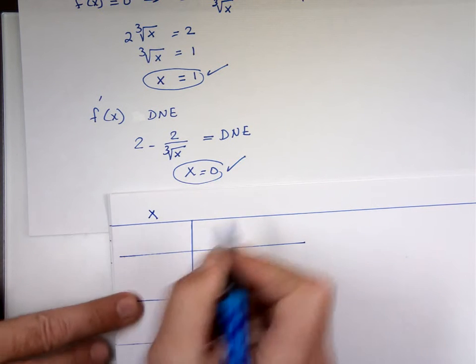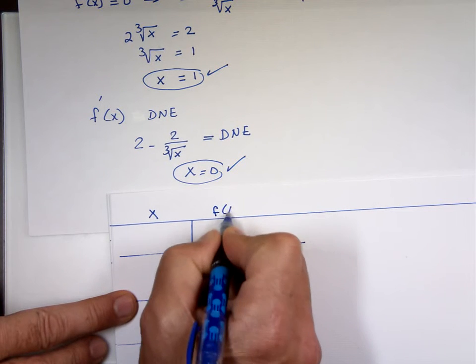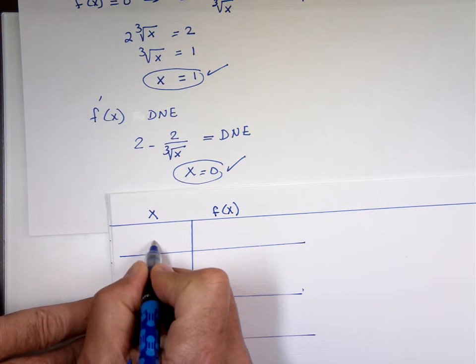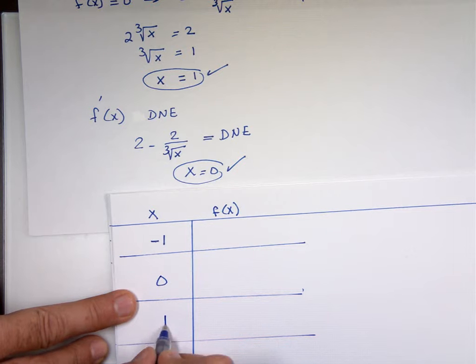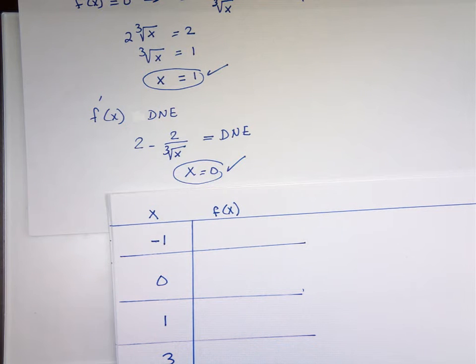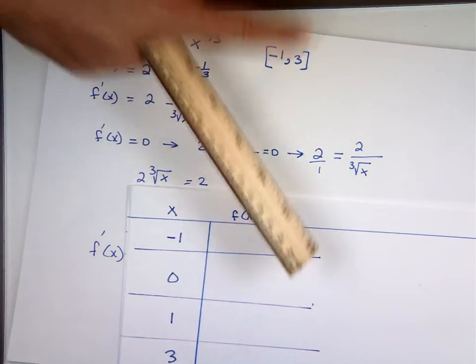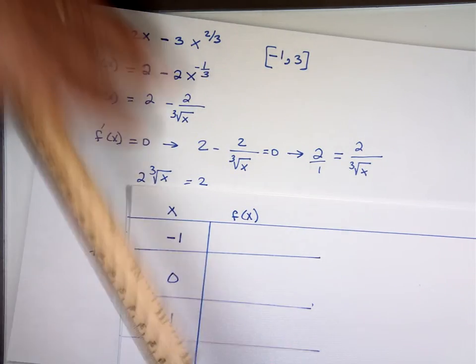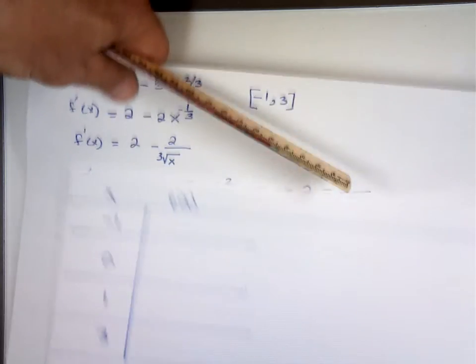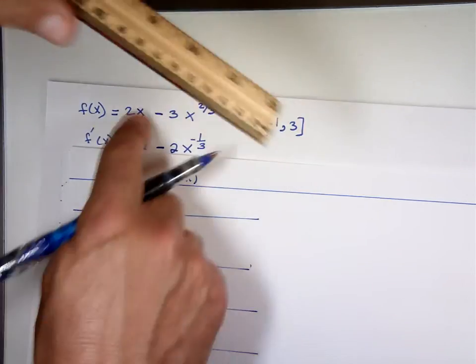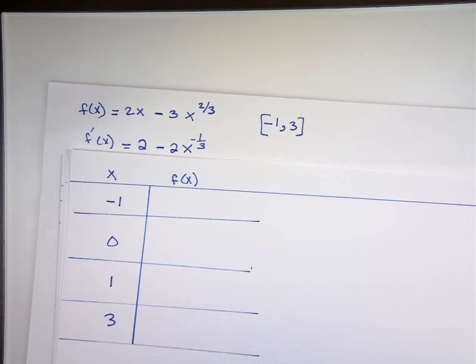This is x, and this is f of x. I'm going to test the minus 1, the 0, the 1, and the 3. I just put them in order. The minus 1 and the 3 are the endpoints, and the 1 and the 0. Test them into the problem. See which one has the largest y value, which one has the smallest y value.